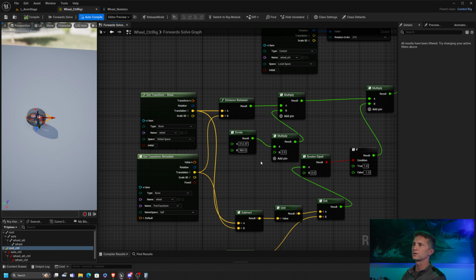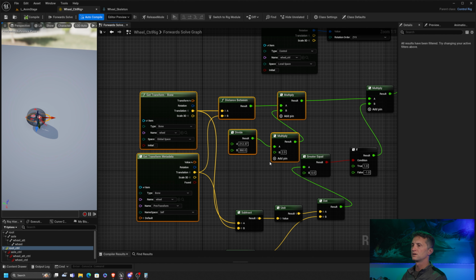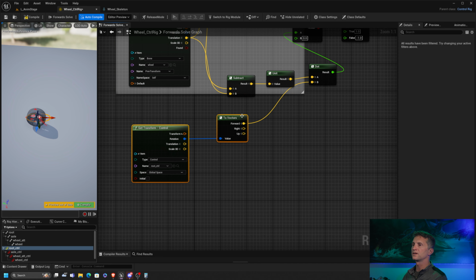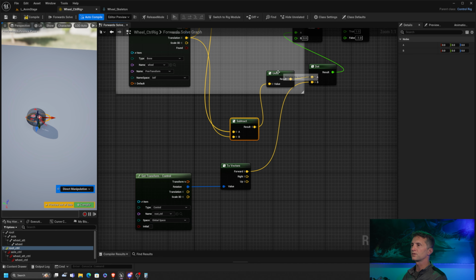This is, so let's see here. If I was going to label this, this is going to be how much rotation, rotate much. That's much funnier. Okay, and then down here, this is all about the direction.